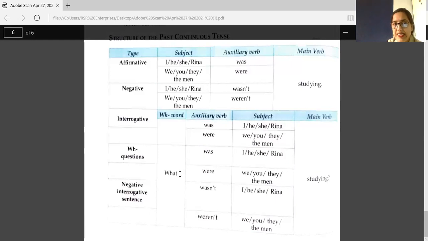Now, if negative interrogatives there, you have to use was not or were not. Your sentence is, what wasn't he or she or I studying? What weren't, then subject, we studying or you studying, or you can say, weren't you studying without WH word?